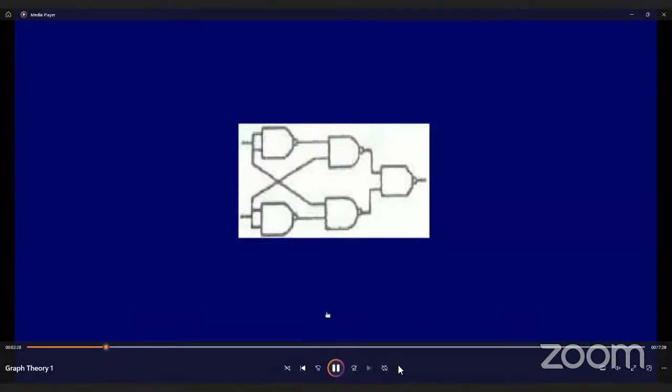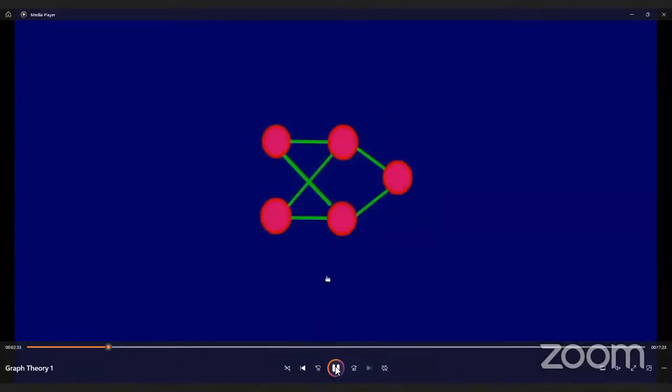That is an example where the modules, gates and all the components become the vertices. The red things we call vertices: one vertex, two vertices. The singular is vertex, and the plural is vertices.